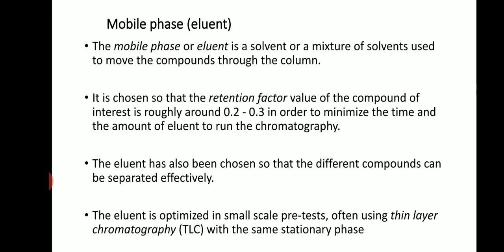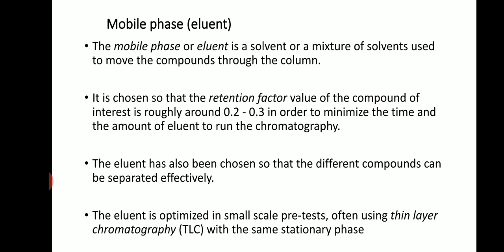Mobile phase. The mobile phase or eluent is a solvent or a mixture of solvents used to move the compounds through the column. It is chosen so that the retention factor value of the compound of interest is roughly around 0.2 to 0.3 in order to minimize the time and amount of eluent to run the chromatography.